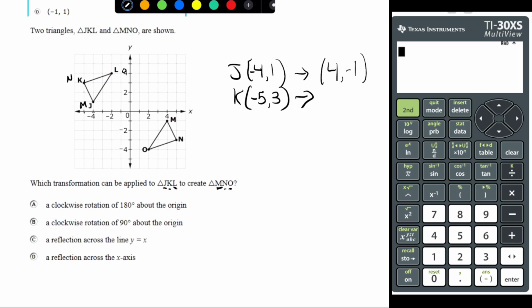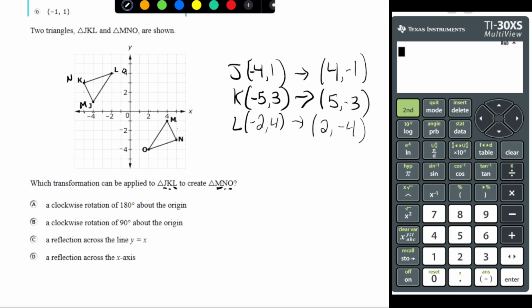K's new point is attached to N: 1, 2, 3, 4, 5, down 1, 2, 3, so (5, negative 3). L is left 2, up 4, so that is (negative 2, 4). And its new coordinate with O is right 2, down 4. So (2, negative 4).